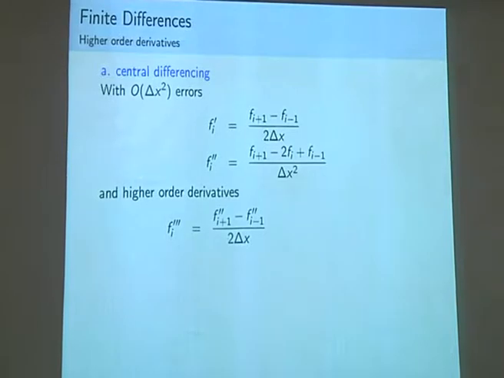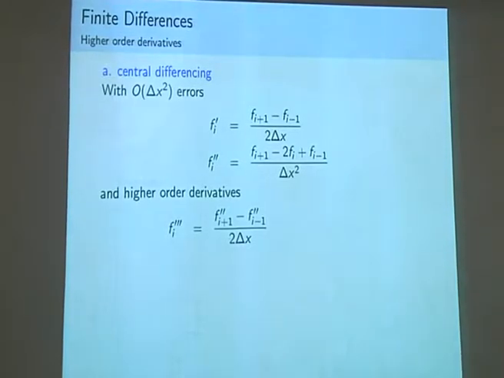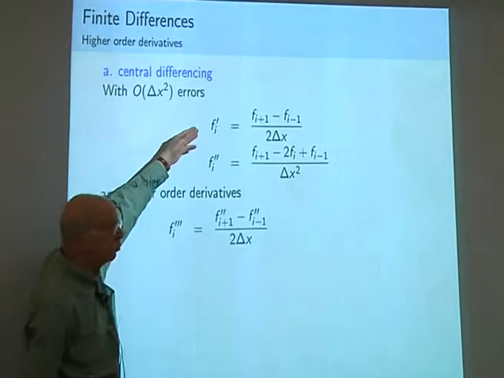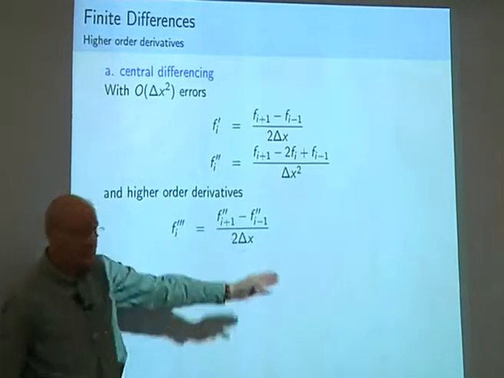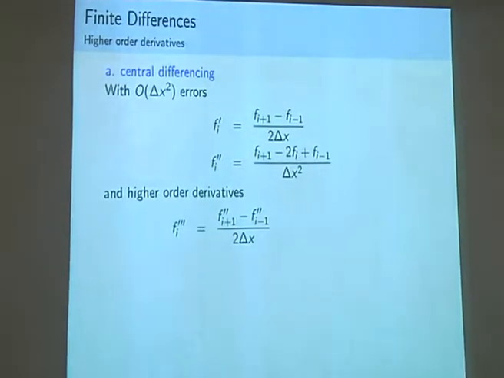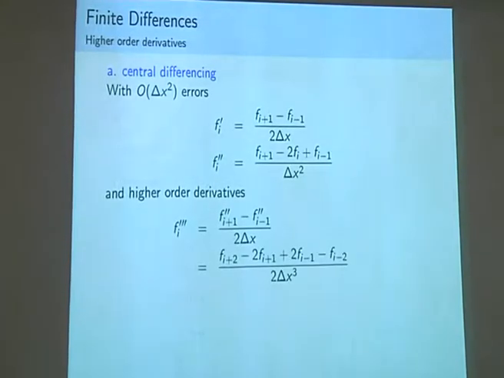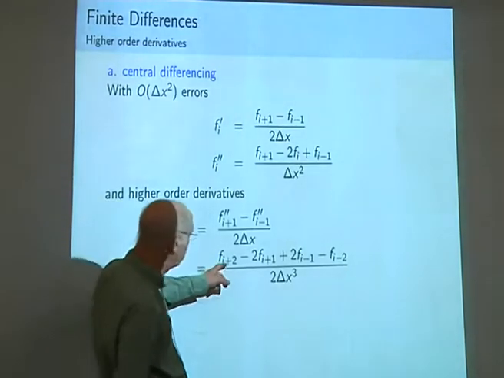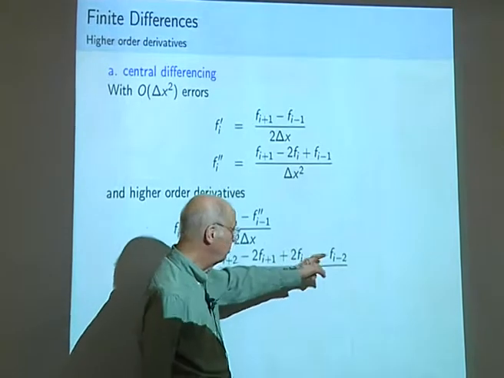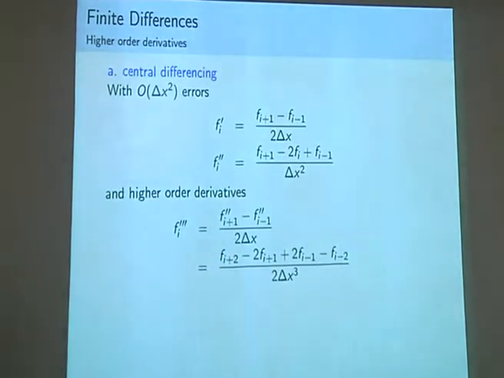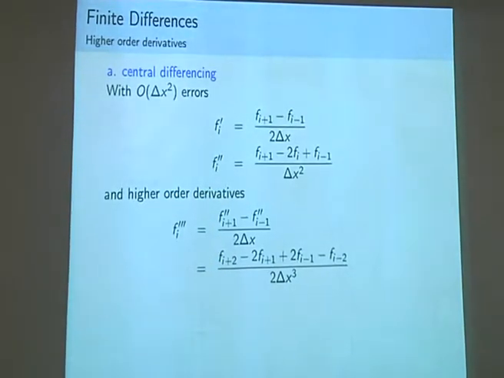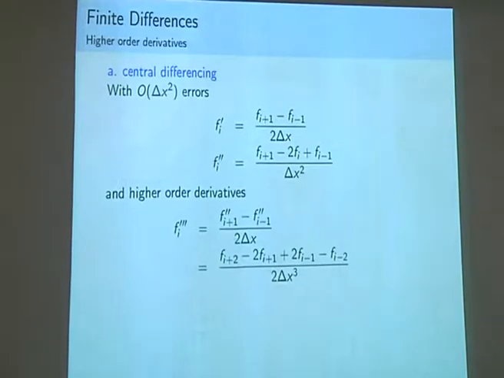So the third derivative can be calculated by using the rule for the first derivative applied to the second derivative. If you want the third derivative, you just substitute in the second derivative into that expression, and you end up with this longer expression of 1, minus 2, plus 2, minus 1. And that is second order accurate, it's central differences.